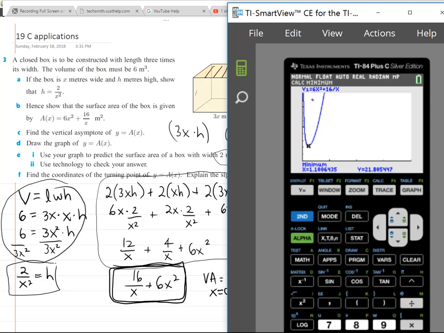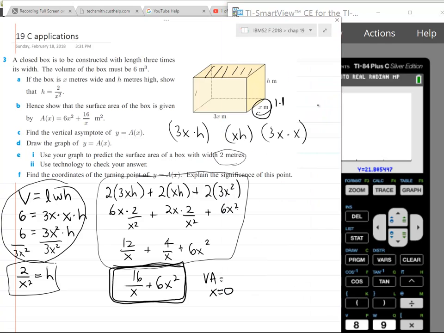So this point tells us that at X equals 1.1, when the width of the box is 1.1 meters wide, the surface area is minimized to 21.8 meters squared. All right, that's it.